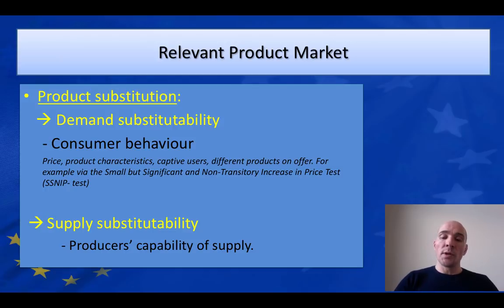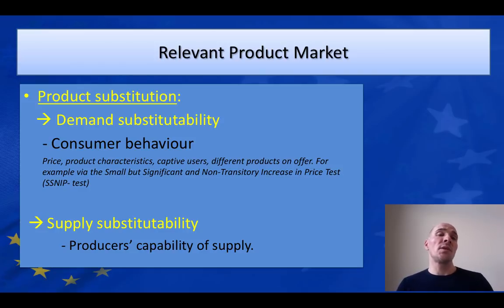How to properly do that is by looking at demand substitutability and supply substitutability. How does it work? For demand substitutability, so we, the consumers, have a certain demand for a product, right? So we are demanding, we're on the demand side of the market.